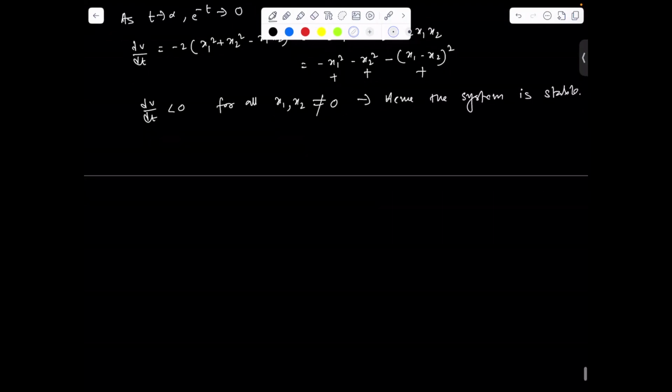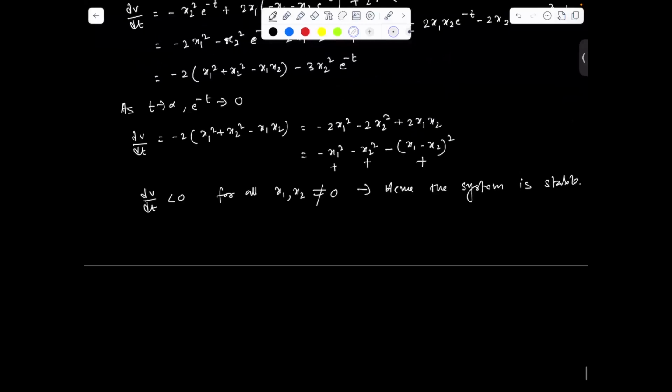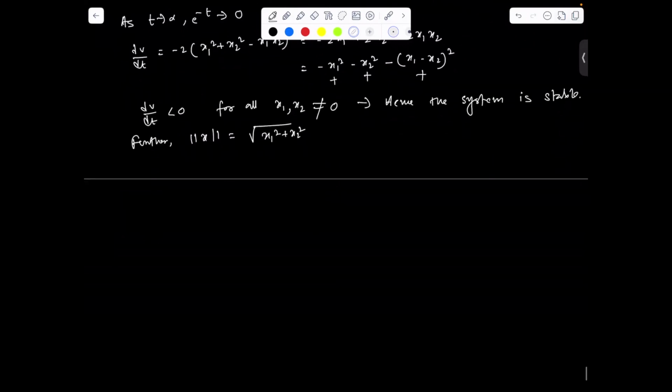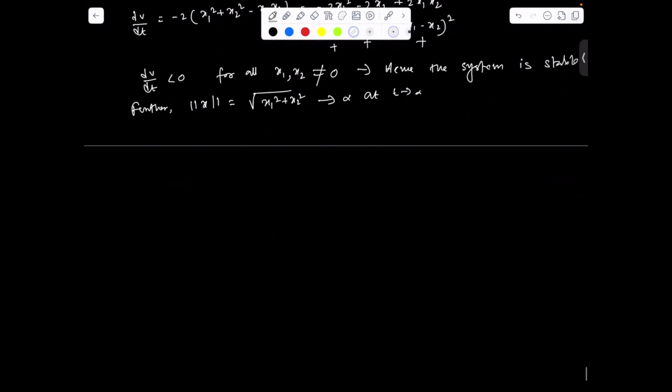And here further, if you do more simplification on V(x,t), we can write the norm of x, which is x1 square plus x2 square, goes to infinity as t tends to infinity.